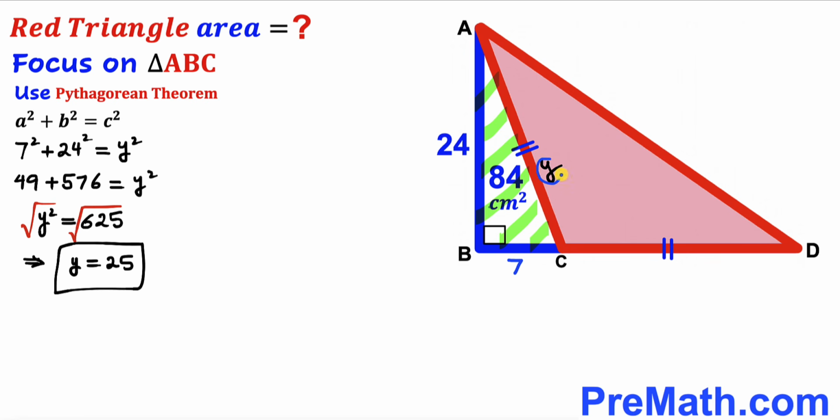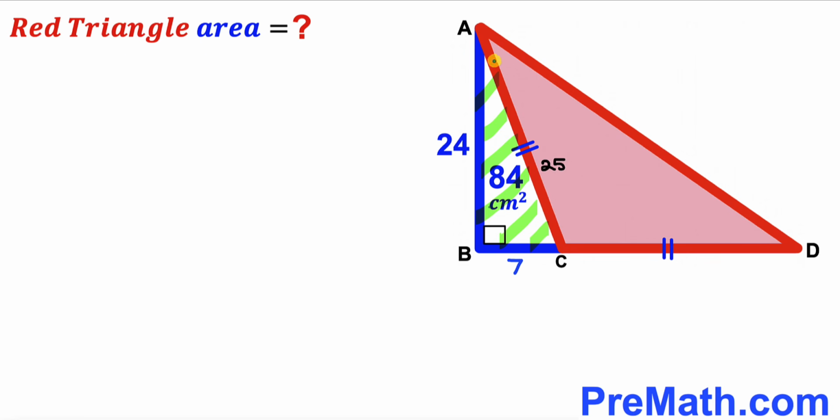Now let's make an observation. We can see that this side AC length equals this side CD length. If this is 25, then this CD length has got to be 25 centimeter as well.